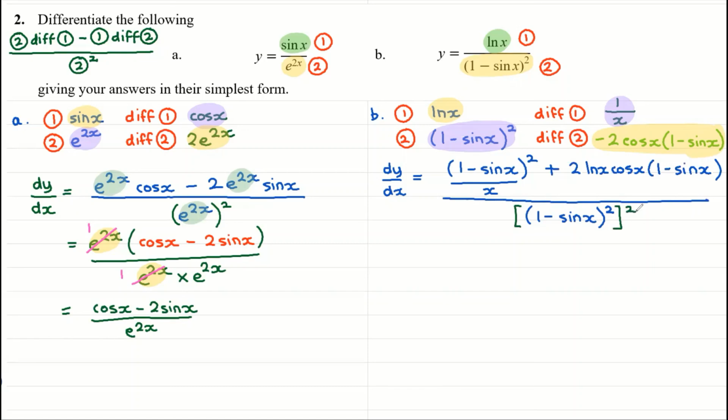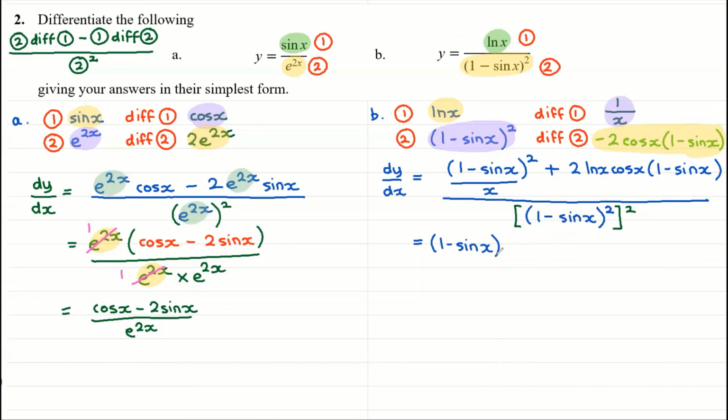Now then, what you should notice is any possible simplification that we can do. And I can see we have a factor of 1 subtract sine x in every single term here. So I can cancel that down. Now I'm going to factorize it out first of all. So this is going to be 1 subtract sine x. Okay.